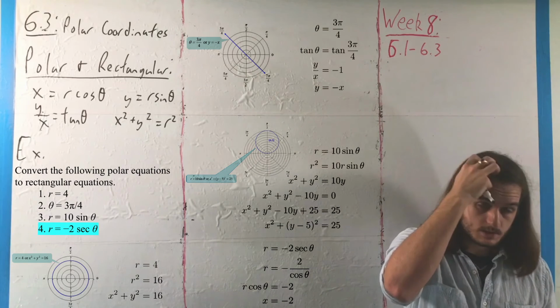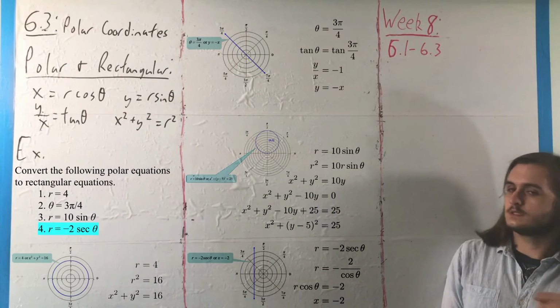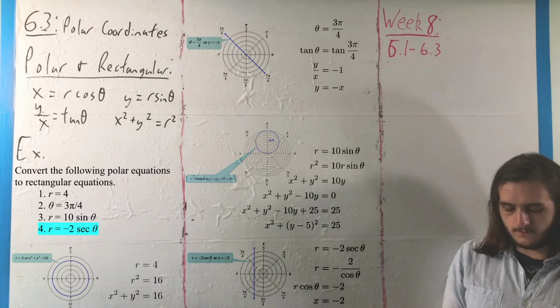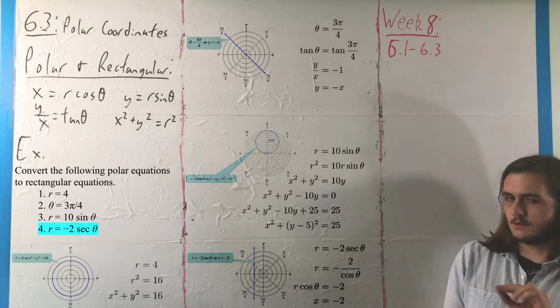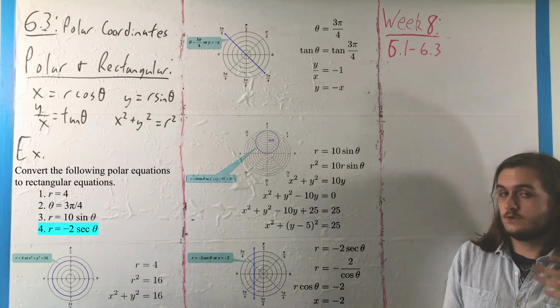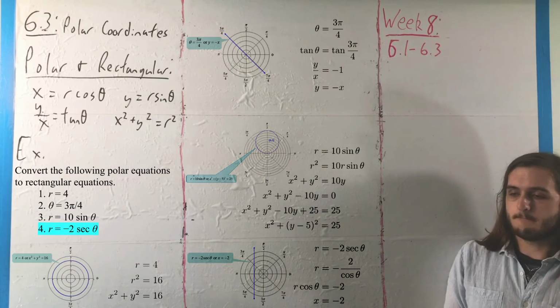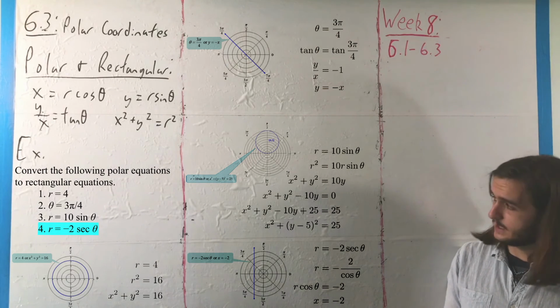So when we have things like secant and cosecant, which we can see the picture of right here, what we end up getting are vertical and horizontal lines. We get vertical lines when they're in terms of secants, whose position is determined by the constant multiple, and we get horizontal lines for cosecants, whose positions will be determined by, again, that constant we have tacked on.